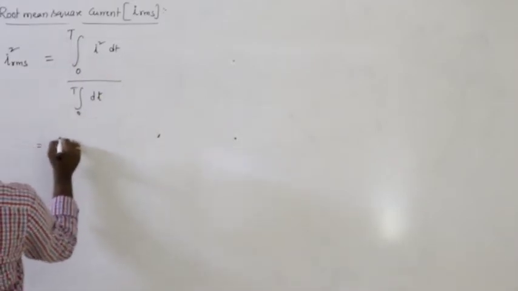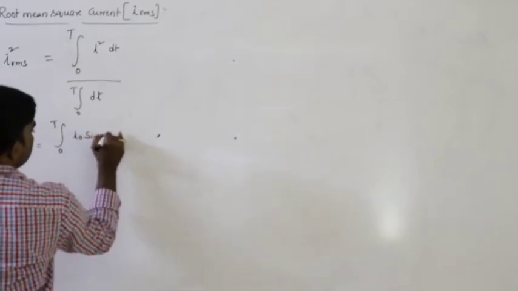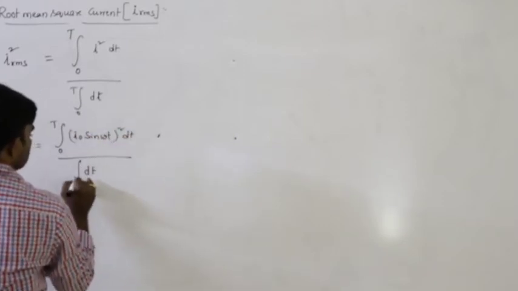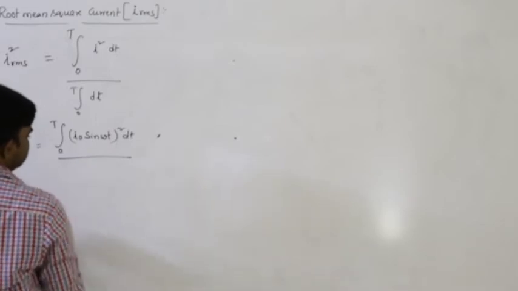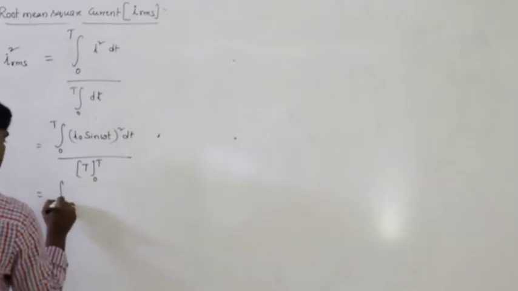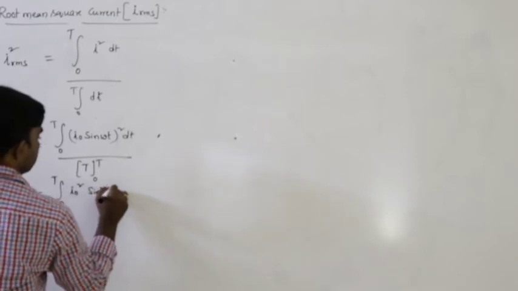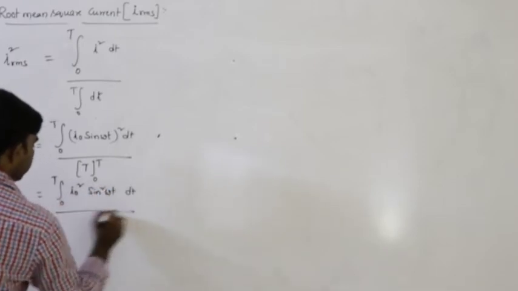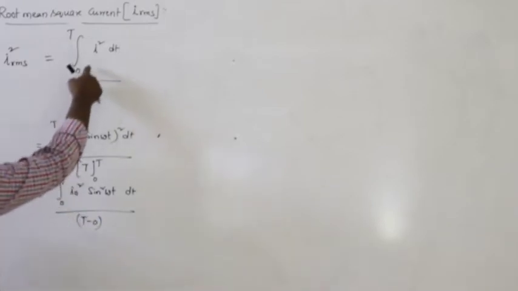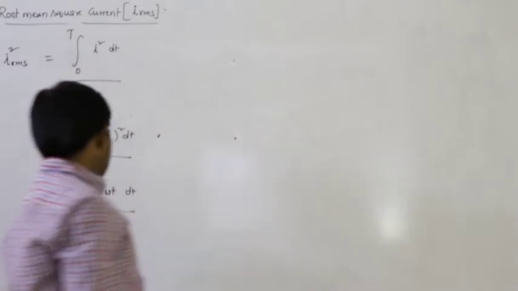So that is integral of 0 to T, I can be written as I naught sin omega t whole square dt divided by integral of dt. Integral of dt we know is t, between the limits 0 to T. So integral of 0 to T I naught square sin square omega t dt divided by T minus 0.